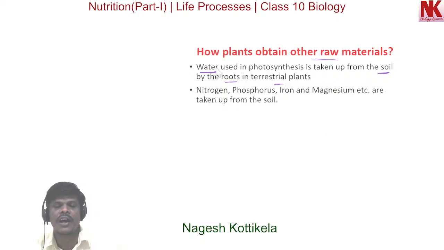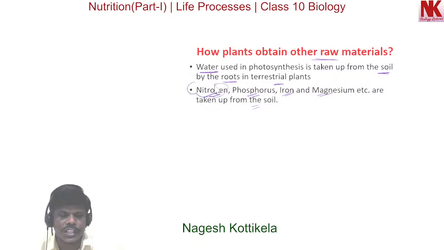Nitrogen, phosphorus, iron, magnesium, etc. are taken up from the soil by the roots. Roots absorb all these nutrients from the soil.